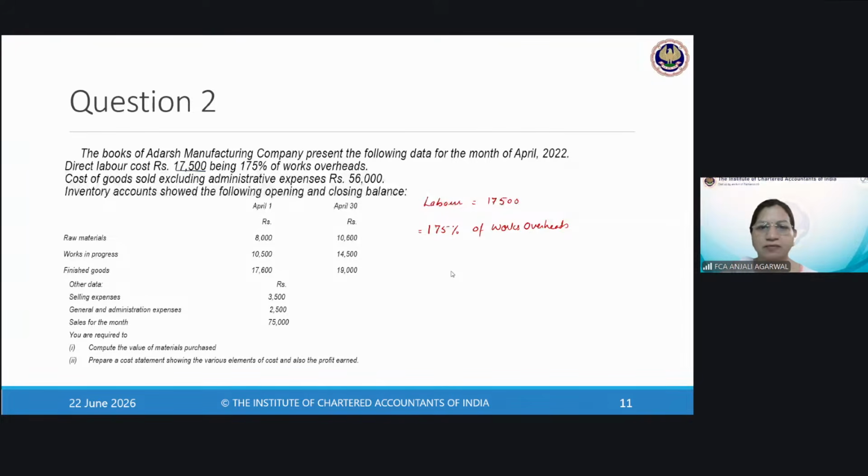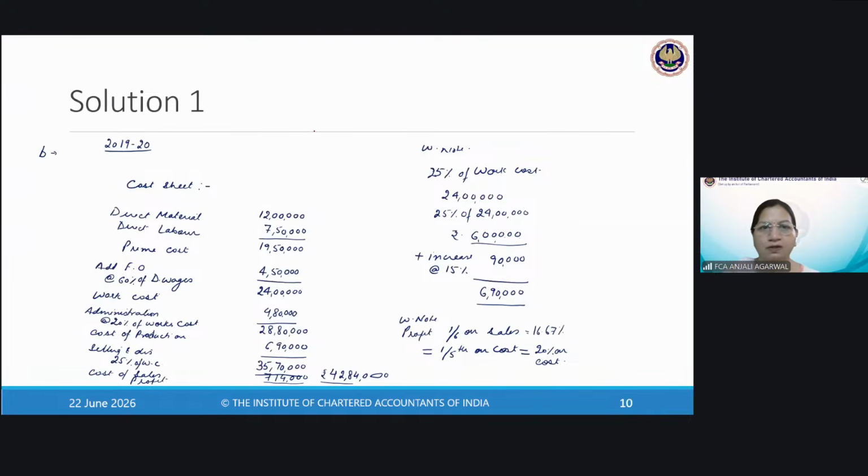Okay, please calculate profit again for part B. Profit was taken as 16.67% of sales, which can also be said as 1 by 6 on sales. When you divide 16.666 by 100, you will get 1 by 6, right?